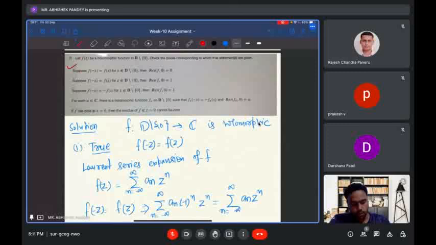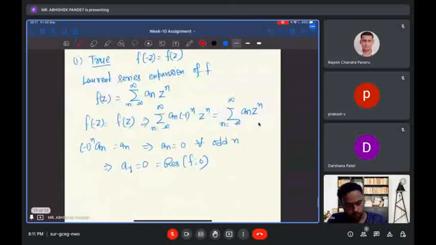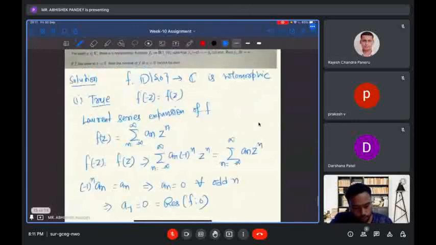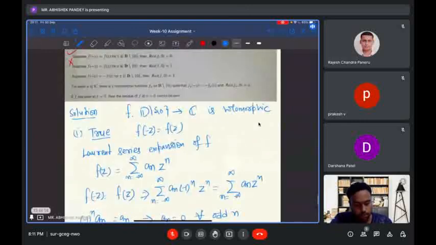Now option second is false, since 1 is true. Now option 3. It is asking, if you have f of minus z equals minus f of z, then the residue of f equals 1.